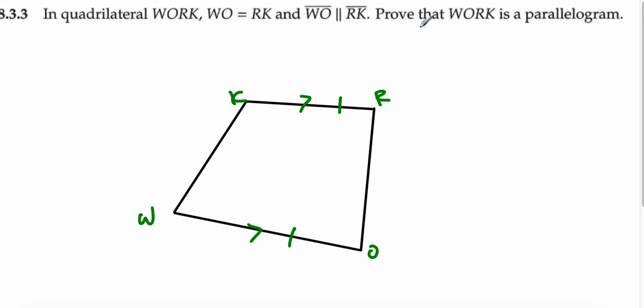Then how can we show that WORK is a parallelogram? So what we have to do is this. If I were to draw a diagonal between K and O, then we get to realize that, hey, this is reflexive.